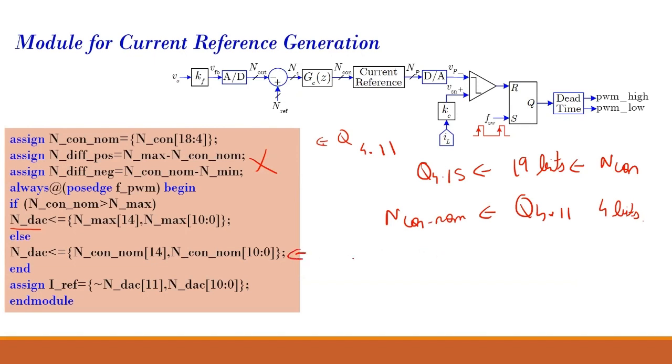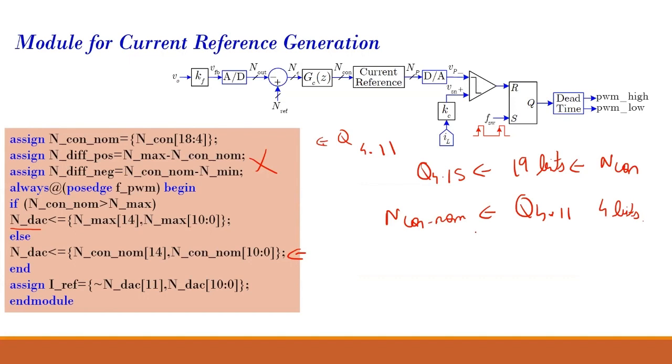In this case, when I'm giving the value, we are giving only the 14th bit, the significant bit. The signed value we are giving. The total is 15, and MSB minus 1 we are taking care of.